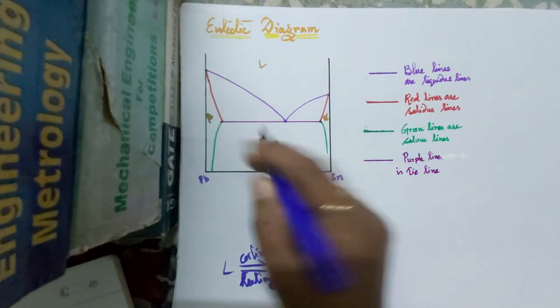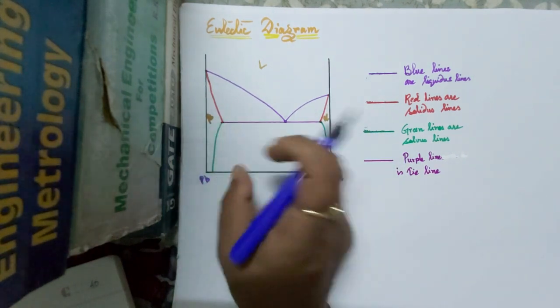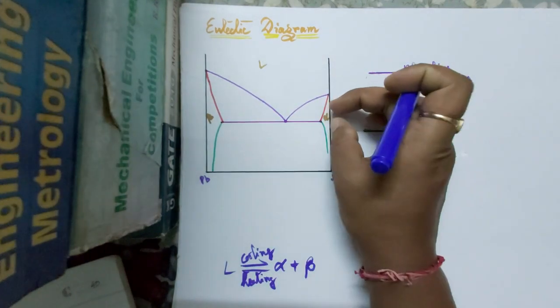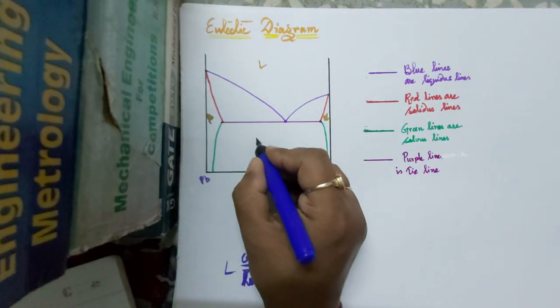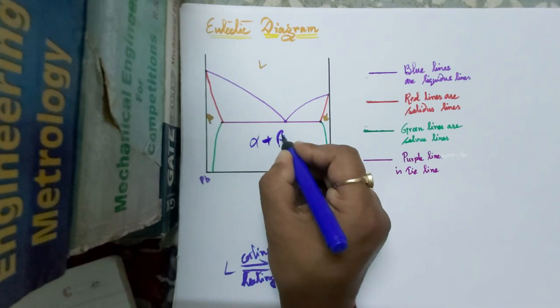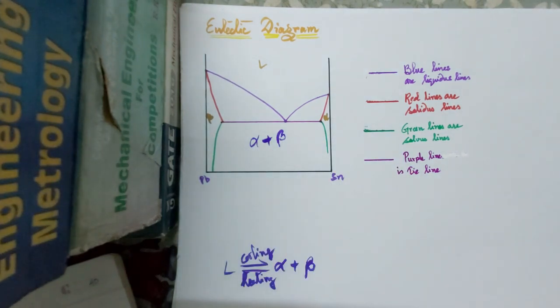So these Solvus lines separate a single solid phase from a two phase region consisting of two different solid phases, and we have alpha plus beta in this place. In this two phase region, we have alpha plus beta, two different solid phases.